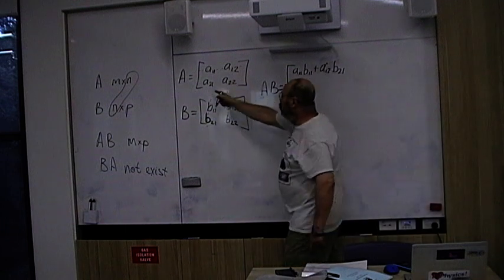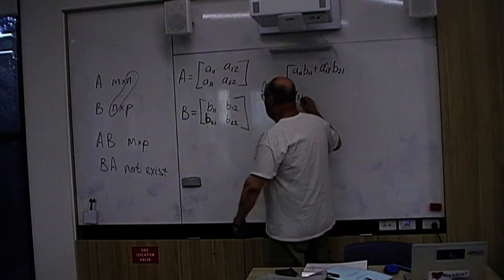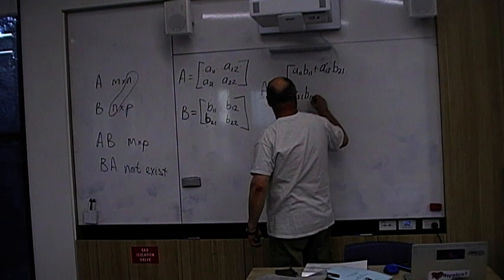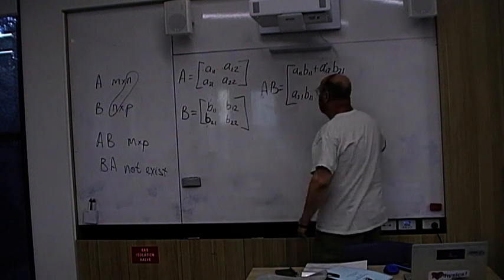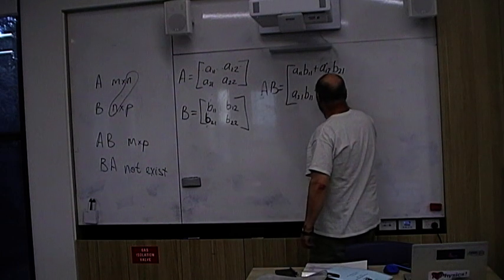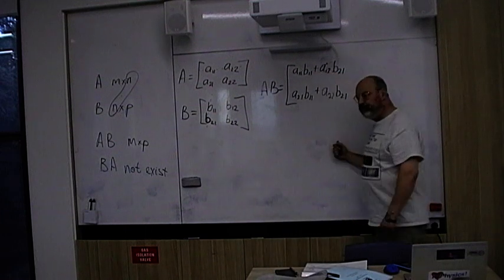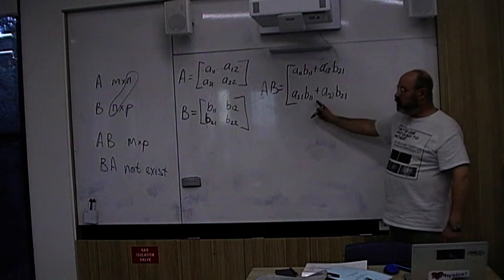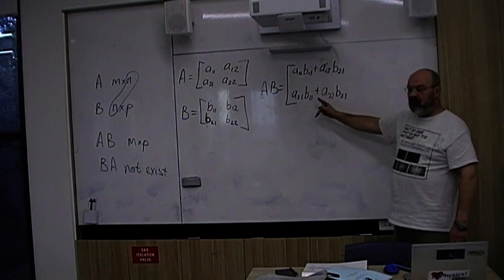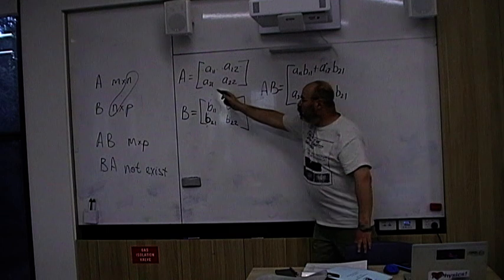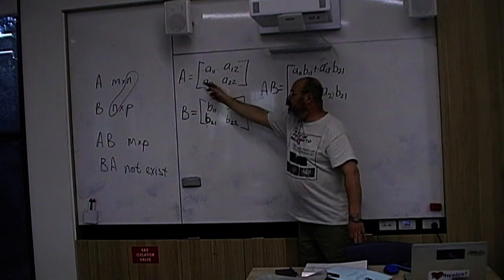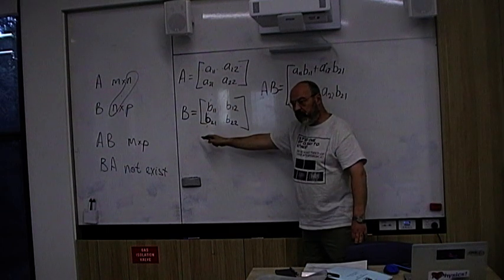So we will have A21 times B11 plus A22 times B21.